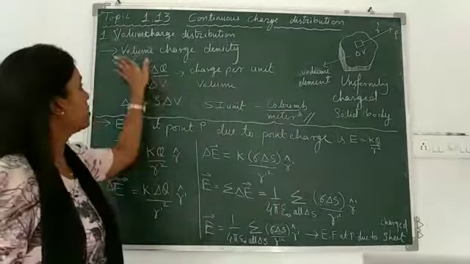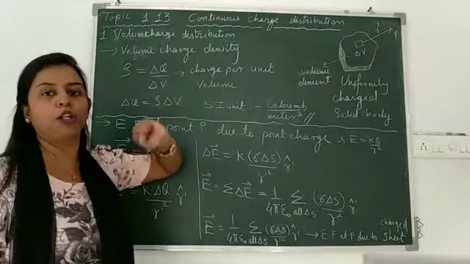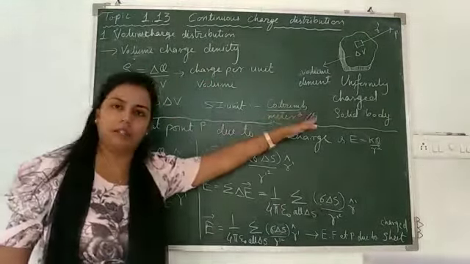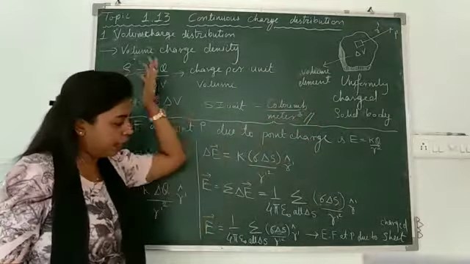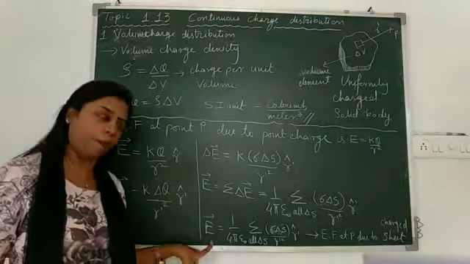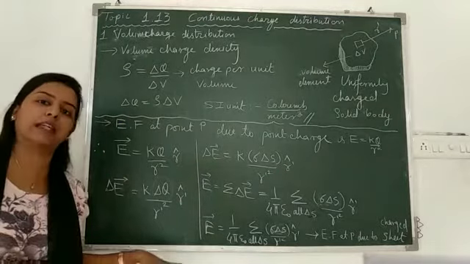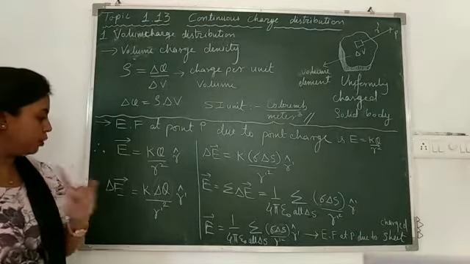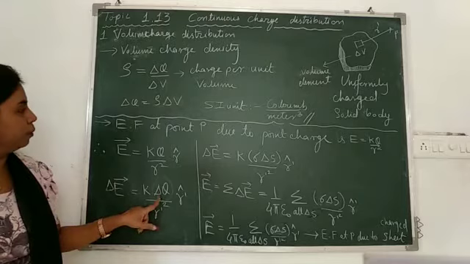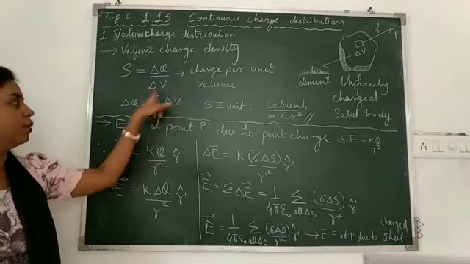So if only volume charge distribution, volume charge density is asked, then you have to write it here only. And again, if they are asking you to calculate electric field, then you have to do all this procedure again. What you have to do is, instead of this delta Q, you have to substitute this value everywhere.